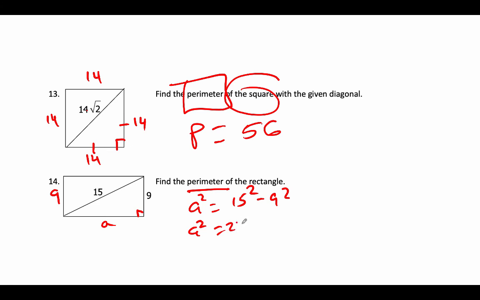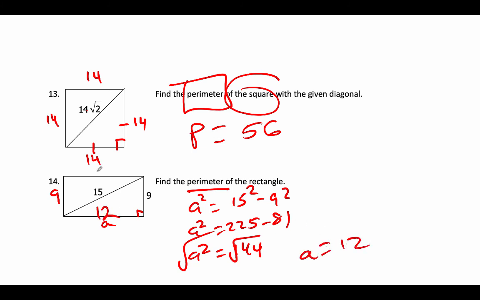A squared equals 225 minus 81. A squared equals 144. Root A is 12. Again, you cannot assume 30, 60, 90. Very important that you pay attention to that. And now I got to find the perimeter of a rectangle is 2 12s and 2 9s for a total of 42.